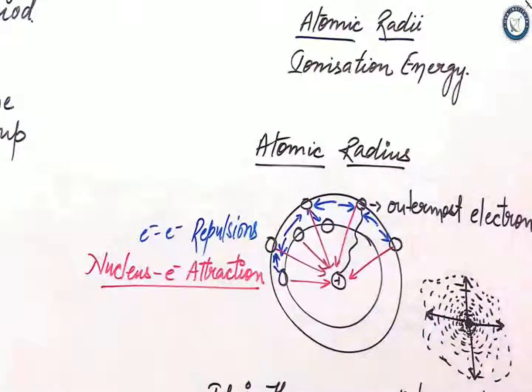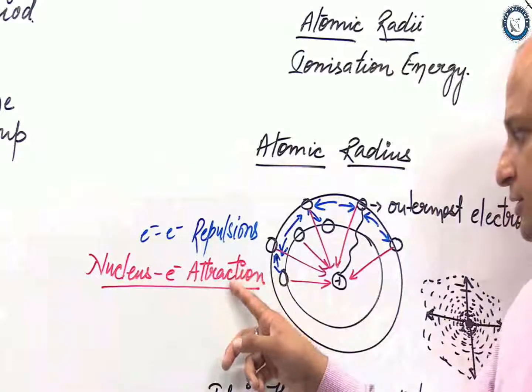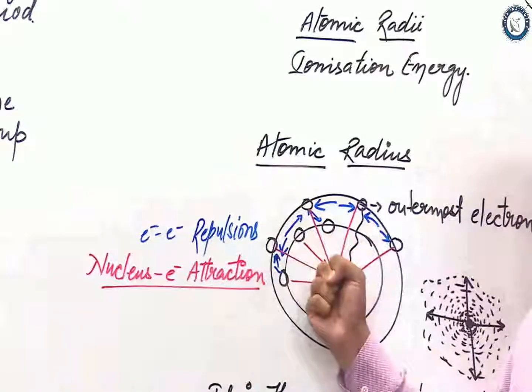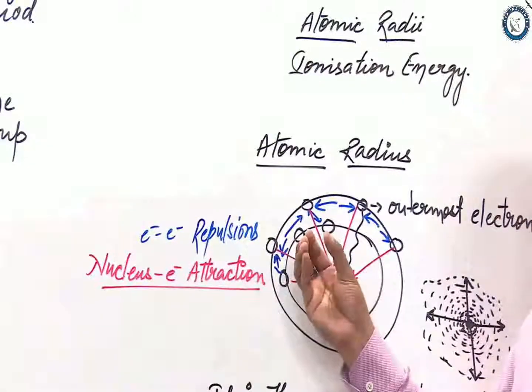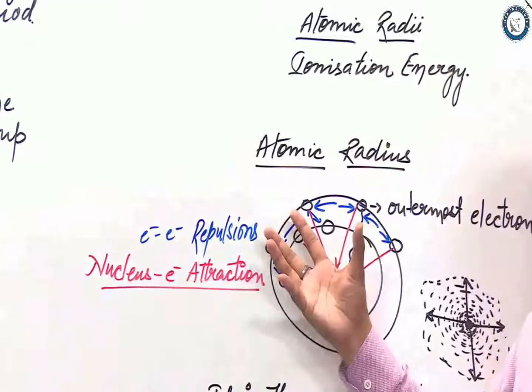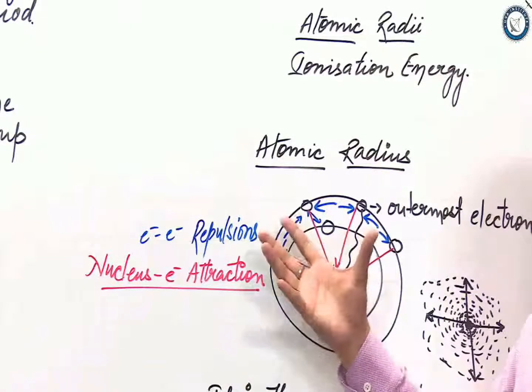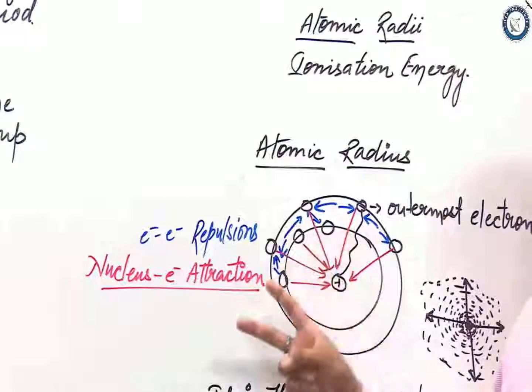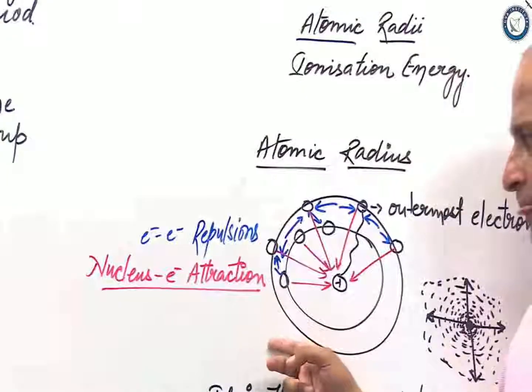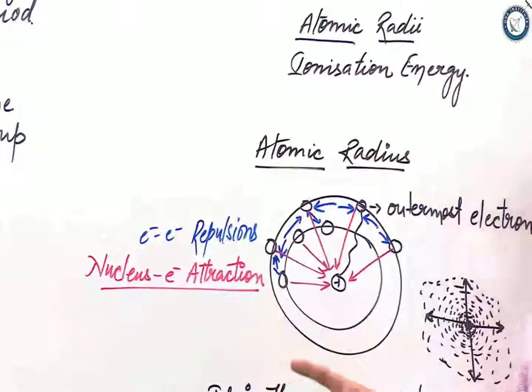So these are the two opposing forces. The attraction is pulling the electron inward and the repulsion is pushing the electron outward. Attraction pulling, repulsion pushing. So there are two opposite forces. Tell me, is this part understood?